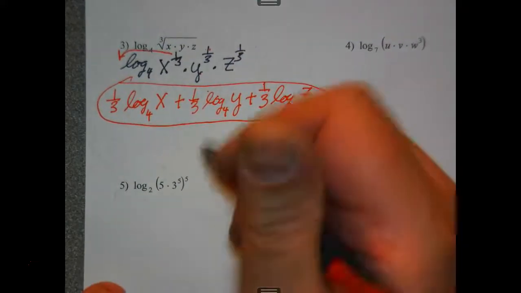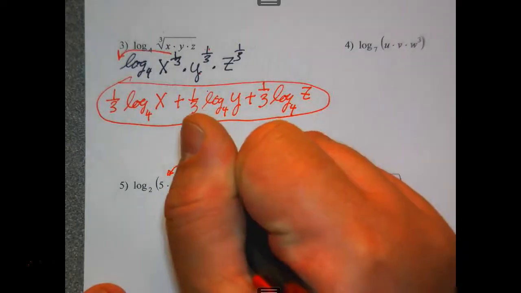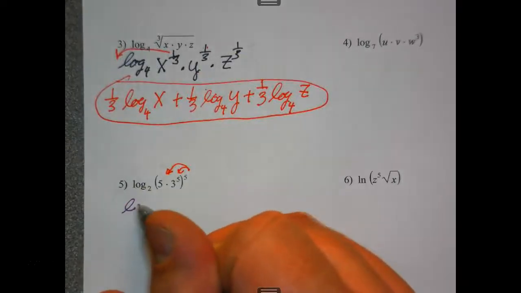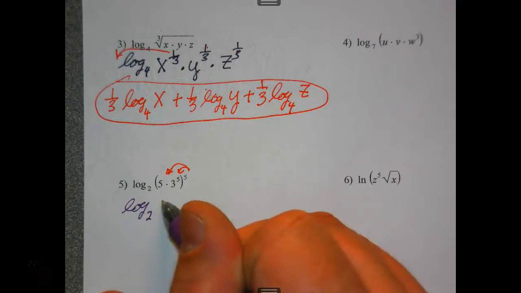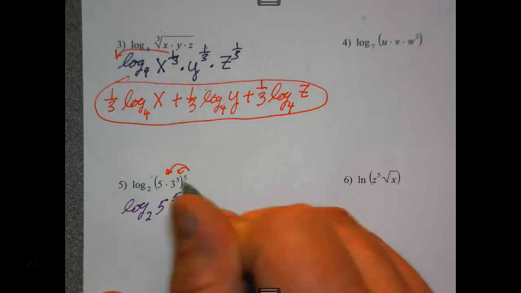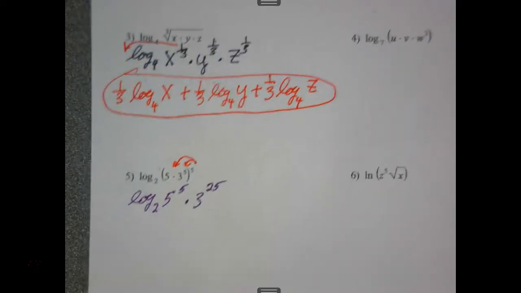Okay, number 5 is just like number 1. I have to distribute that exponent first. So I have log base 2 of 5 to the 5th times 3, 5 times 5, 25th.